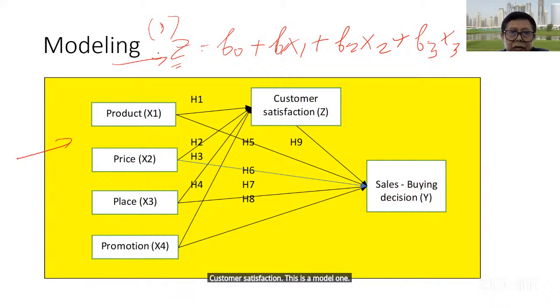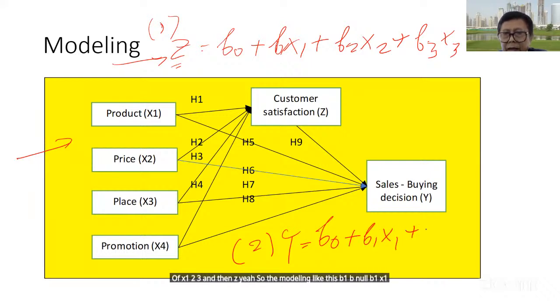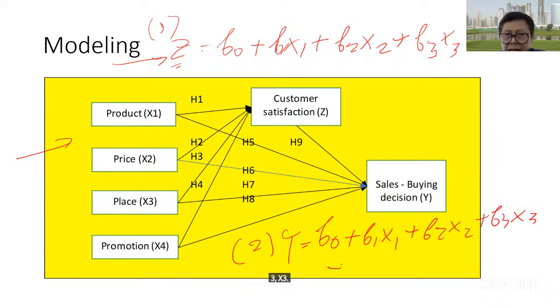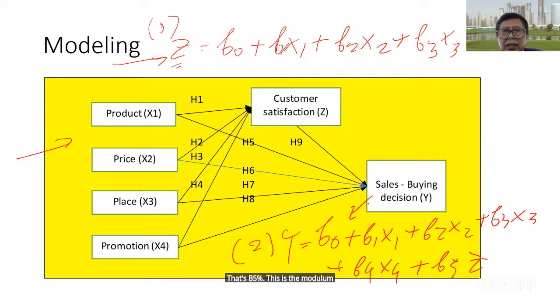And model 2: Y is a function of X1, X2, X3, X4, and Z. So the modeling is like this: Y = B0 + B1X1 + B2X2 + B3X3 + B4X4 + B5Z. This is the modeling for sales. This is the modeling for customer satisfaction.